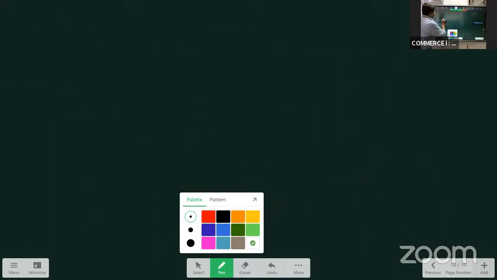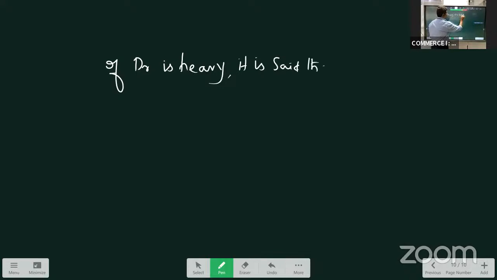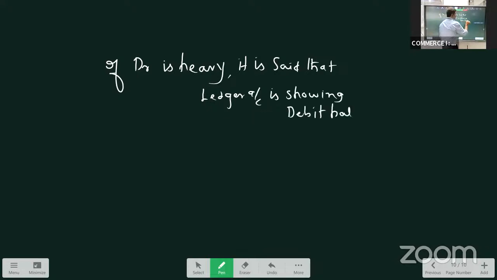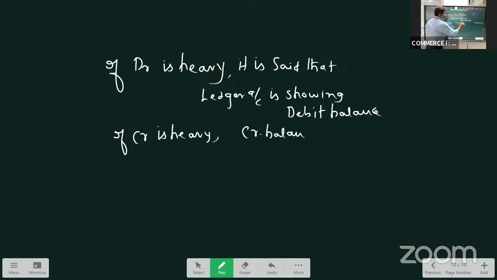Pawan account is showing credit balance. See, I'll tell you, what do we say? If debit side is heavy, it is said that the ledger account is showing debit balance. And similarly, if credit side is heavy, we say that the ledger account is showing credit balance. Okay, if debit side is heavy, debit balance; if credit side is heavy, credit balance.